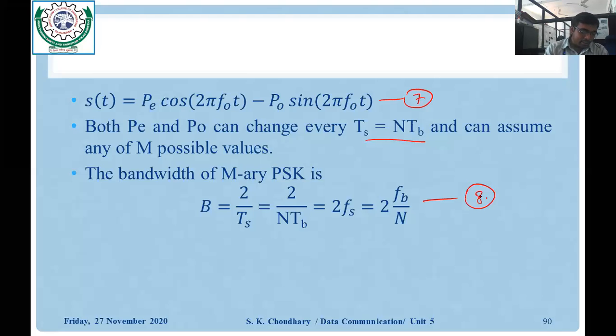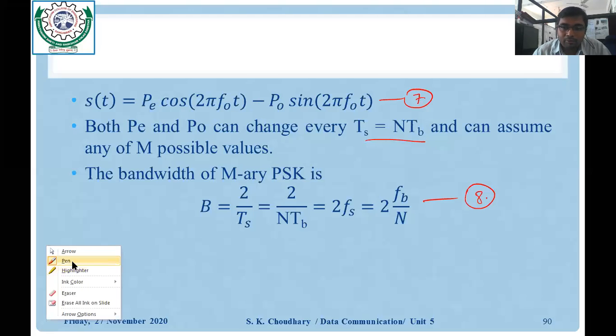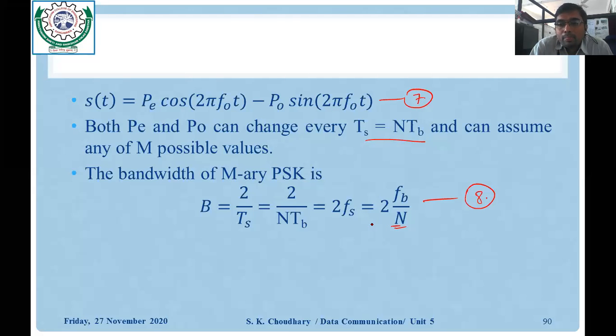So what equation number 8 says is that as the number of bits increases in M-ary PSK, meaning the value of n increases, the bandwidth decreases. For the case of BPSK, n is equal to 1, so bandwidth is 2 Fb. For QPSK, n is equal to 2, so it is Fb, like that.